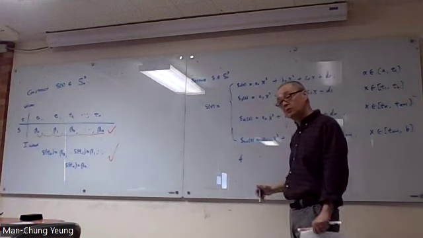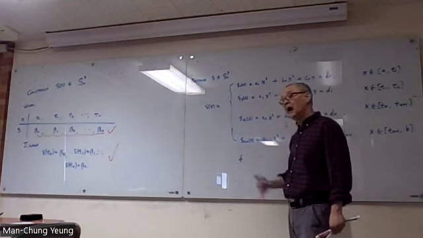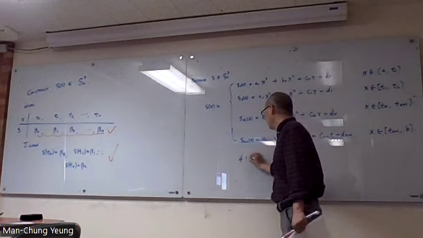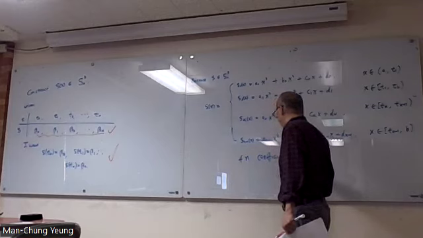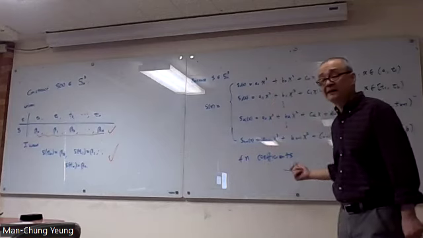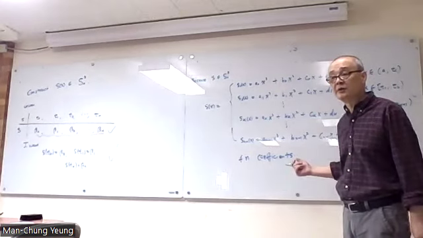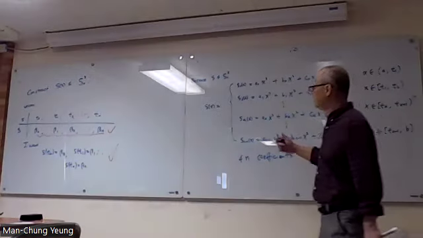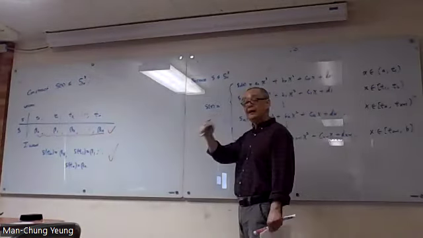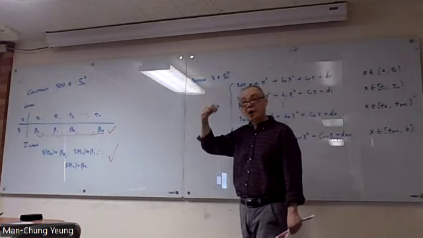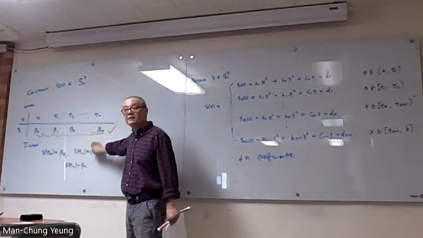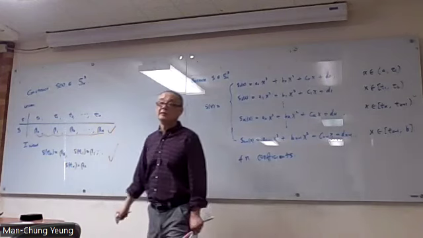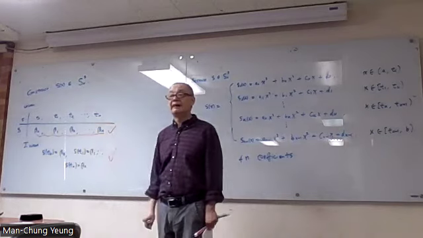So in total, 4n coefficients. I want to determine these 4n coefficients so that the resulting S is a cubic spline, and also goes through these given beta values.